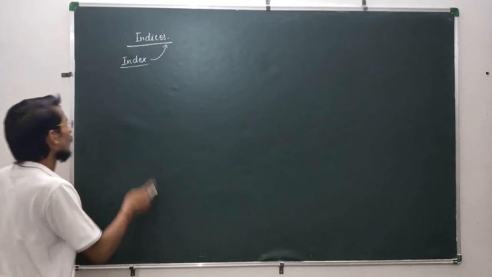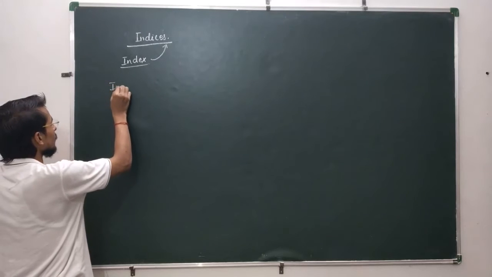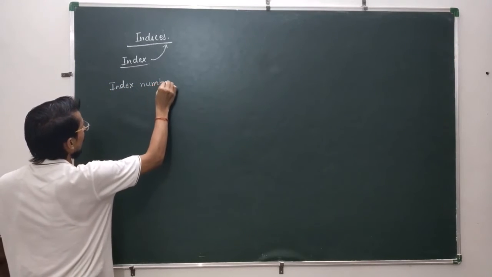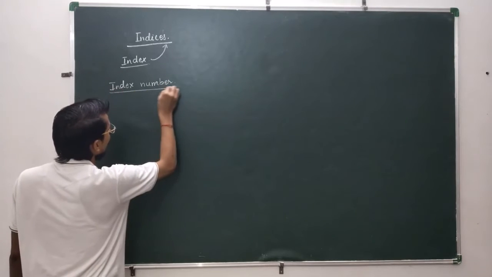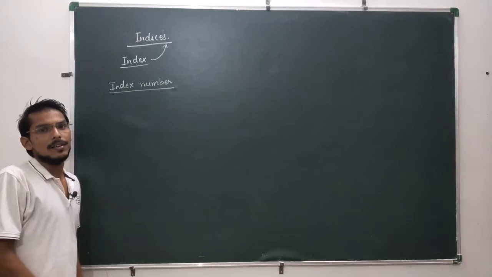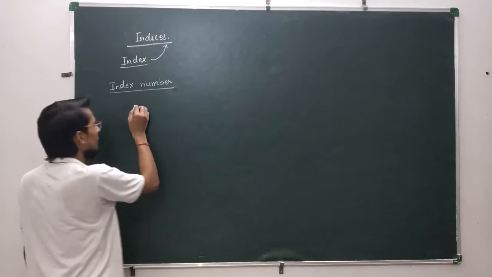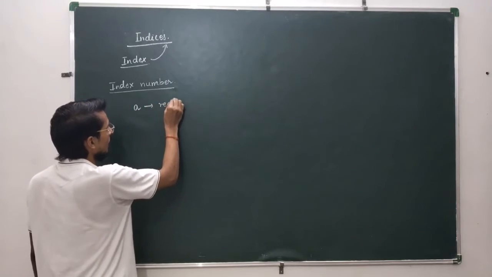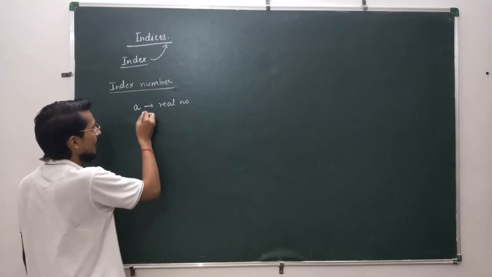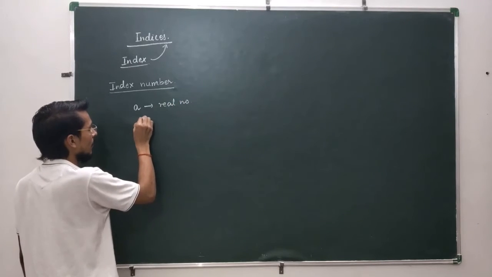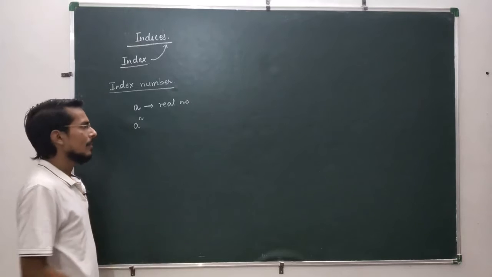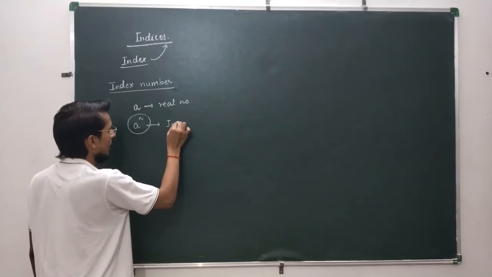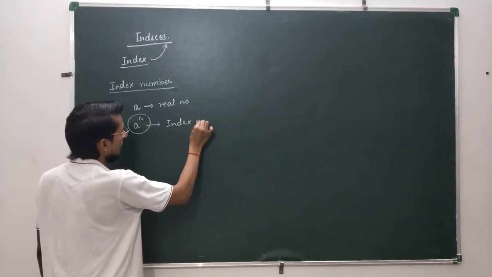Now what is index number? If any number which is a real number, let us suppose that a is a real number and it is raised to some power n, then this number will be called index number.